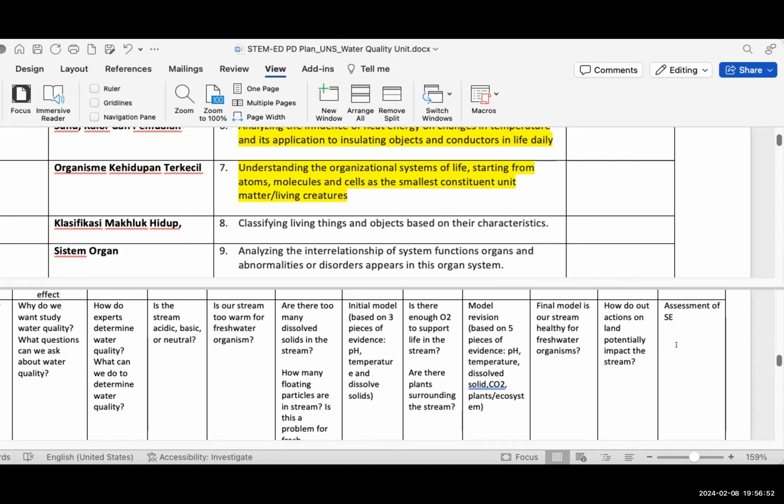We do not need a lot of assessment, but probably 2 or 3 questions that exactly measure the scientific explanation of the students. Because of the burden on the teachers, most of them choose multiple choice, but we will introduce the essay that will measure the students' ability in doing scientific explanation.